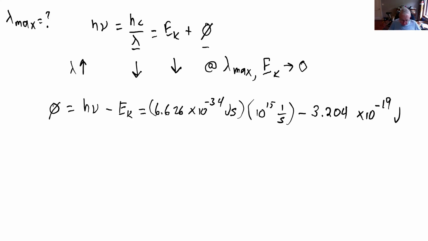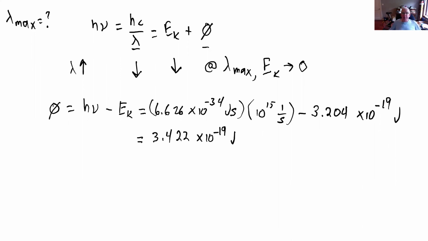That first part becomes 6.6 times 10 to the minus 19 joules. And so if I put those together, it's easy enough to subtract them. And that says that I get my work function is 3.4 times 10 to the minus 19 joules. Okay, so that gives me my work function.